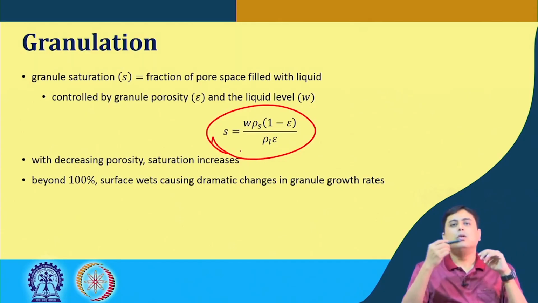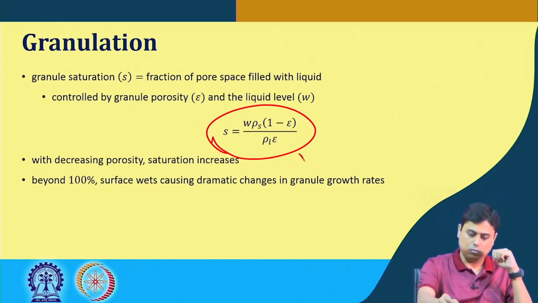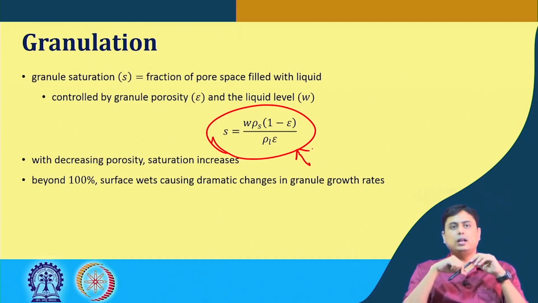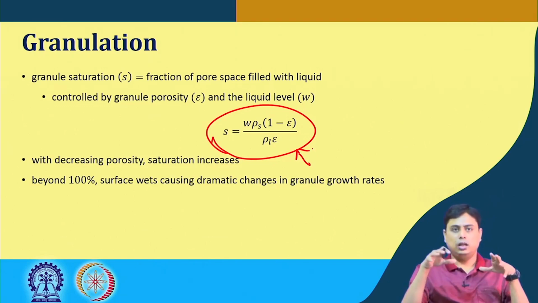So, which means by changing one of these parameters, we can control the granule saturation, which in turn helps us in having the compactness or the consolidation of the granules.